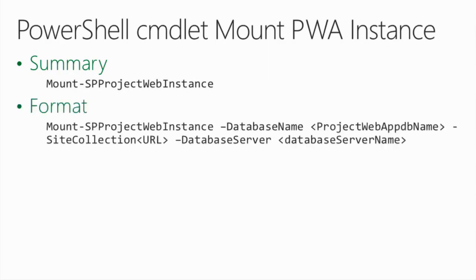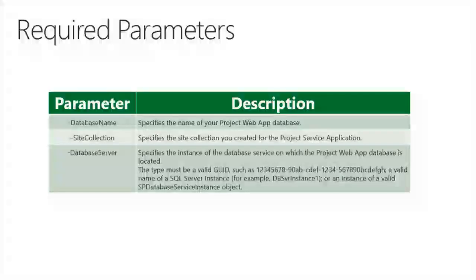It has your database name you have to provide. You have to have the site collection URL this time. This is different: you used to have the web application before, now you have to have the site collection URL also, and the database server. So notice you have database name, site collection, and database server as the required parameters for this.